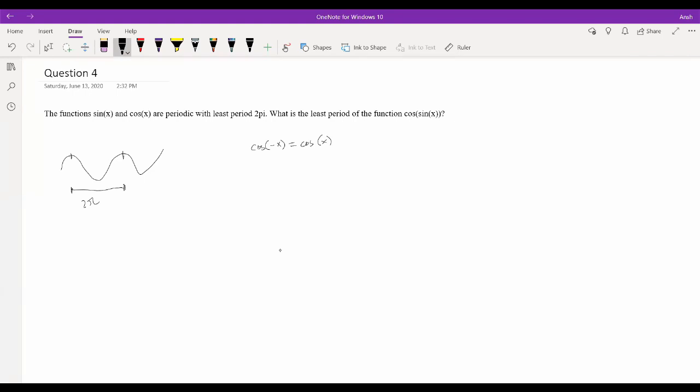And we also know that sine of pi plus x would equal sine of negative x, which also equals negative sine of x.